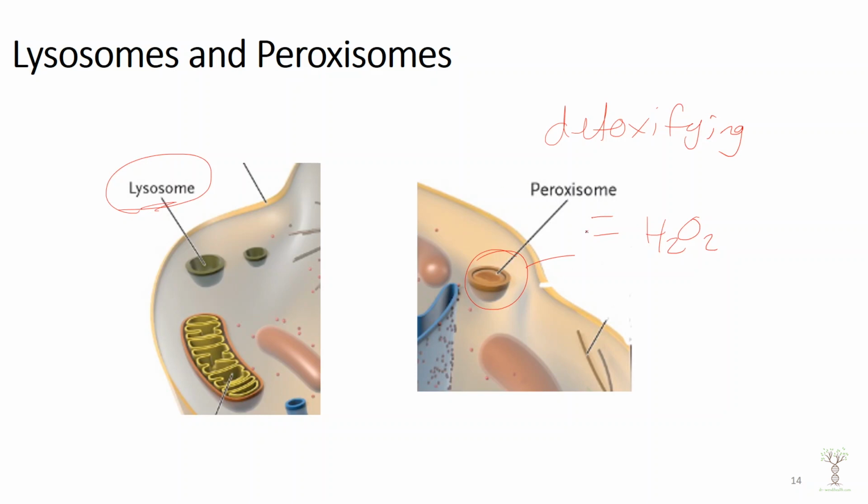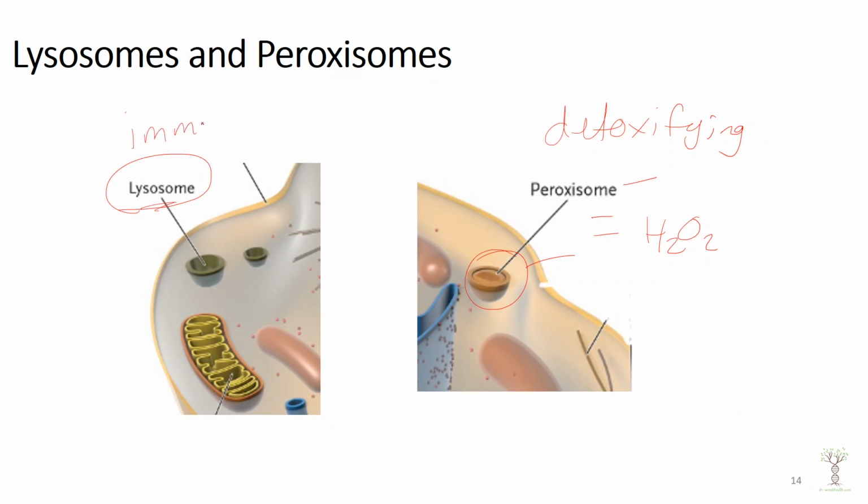For example, the liver contains a high amount of peroxisomes, and it contains enzymes like alcohol dehydrogenase that breaks down alcohol. So think of lysosomes as digesting old organelles and large macromolecules.